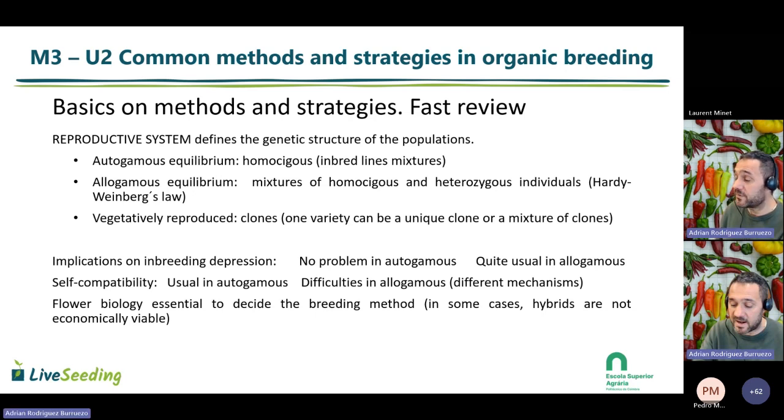Okay. On the contrary, in allogamous species you will find several difficulties in the reproductive systems and processes. Maybe the species is monoecious, like maize, but the flowers appear in distant points of the plant. The male inflorescence is on the top.